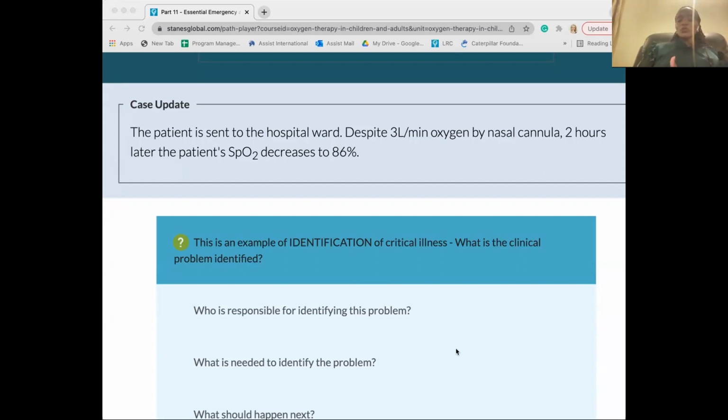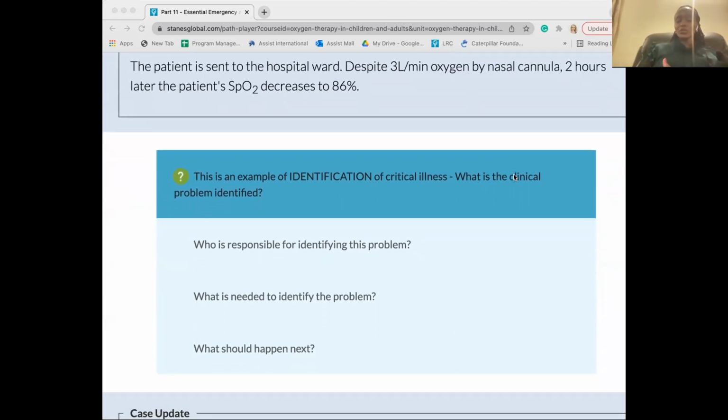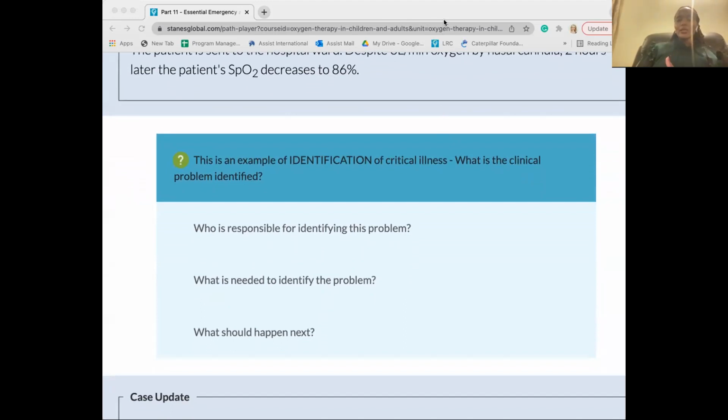So what is needed to identify the problem? Most of the time, physical examination is always emphasized in diagnosing or assessing a patient, not immediately going to the lab works and all. You always want to first do a physical examination. Then from the physical examination, you decide what should happen next. Whatever the case is, maybe you'll want to escalate the level of care in terms of the oxygen that you're giving.